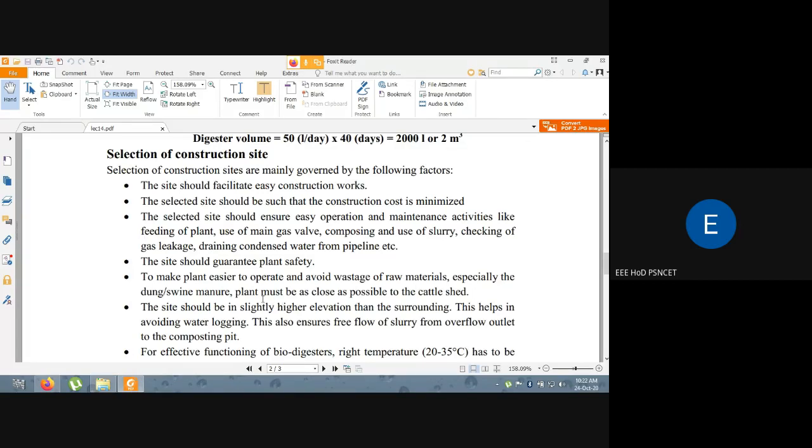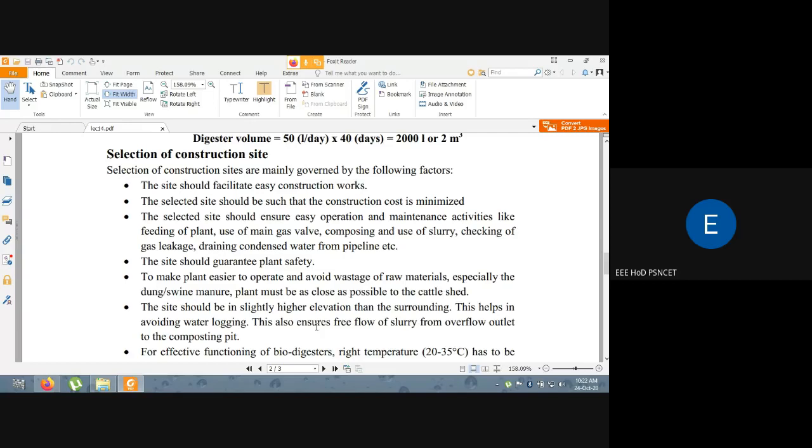Okay, then the site should be at a slightly higher elevation than the surroundings. Okay, that's an important thing. This digester chamber should be placed in a sloping area.